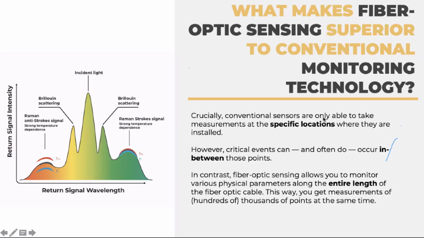Mainly for monitoring, for sensing technology, we usually use three different effects in optic fibers. On this drawing or picture, we can see two different effects, Brillouin scattering and Raman.